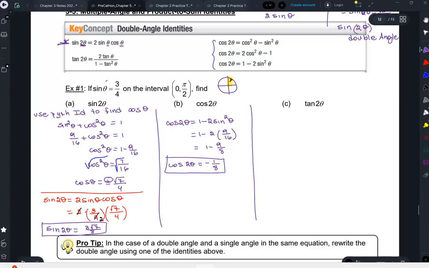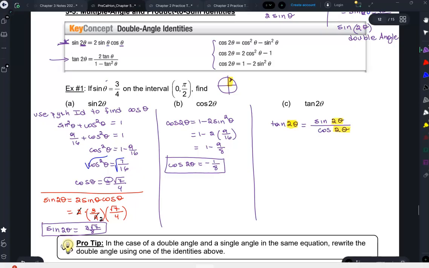Now, tangent of 2 theta, you have choices again. One choice is this identity. Another choice, we know tangent is always sine over cosine. So why don't we use that? If it's tangent of 2 theta, it's sine of 2 theta over cosine of 2 theta, right? These have to be matching, identical.